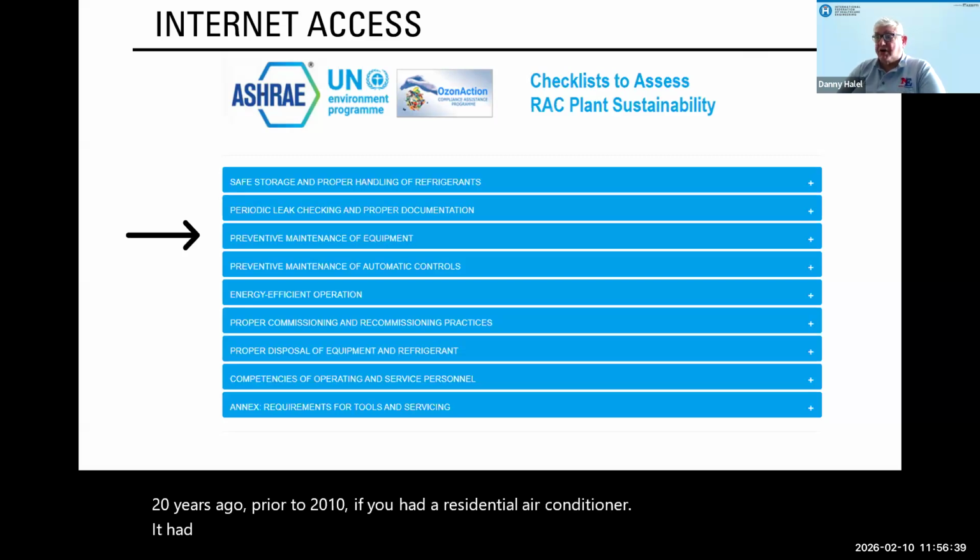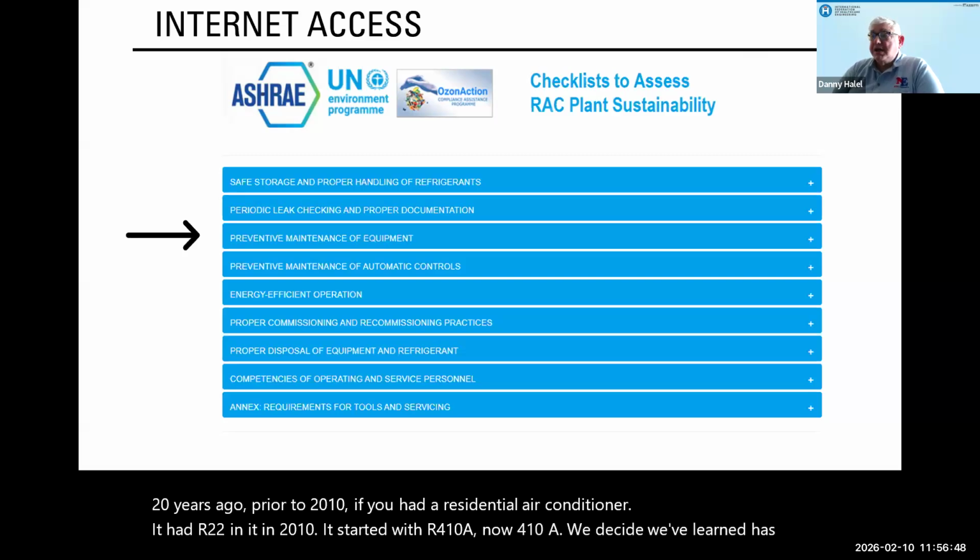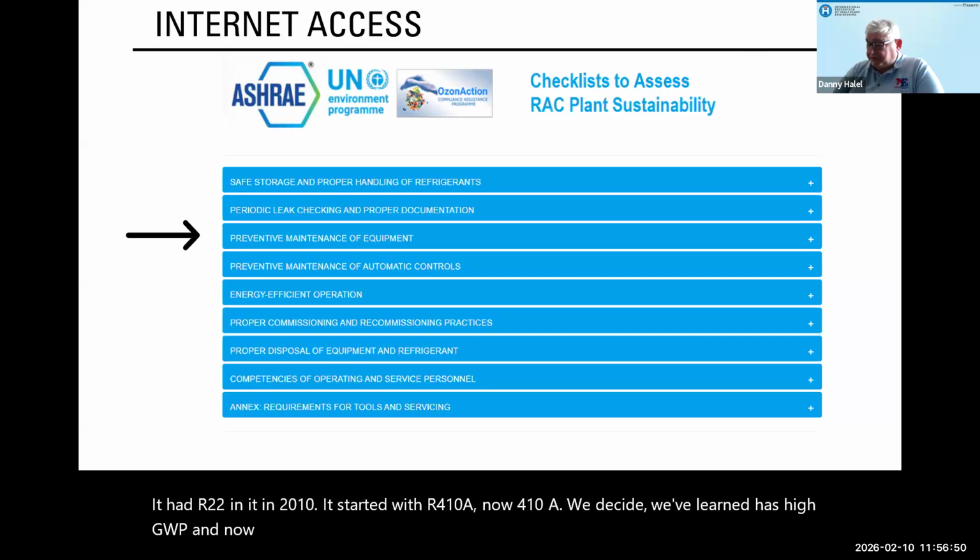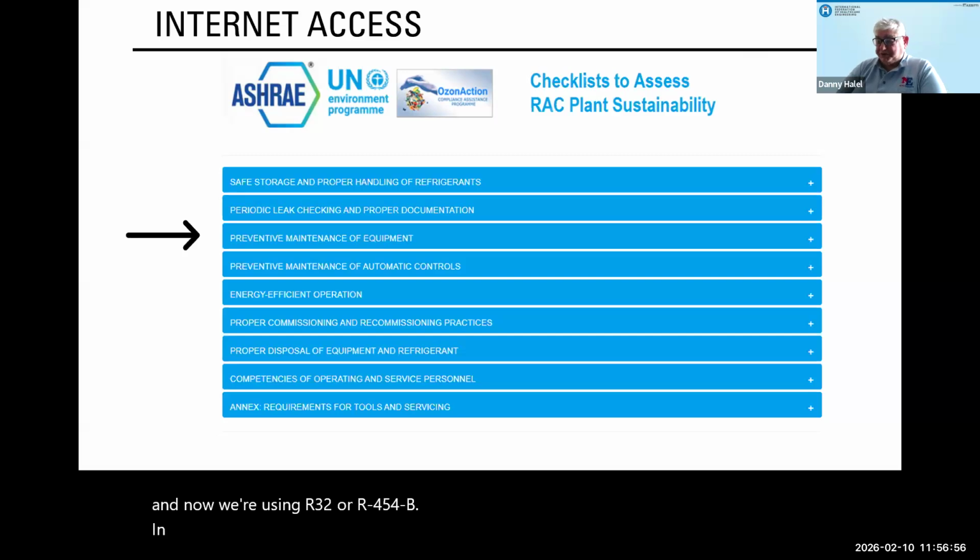In 2010, it started with R410A. Now, 410A, we've learned, has high GWP, and now we're using R32 or R454B. In the world of commercial refrigeration, there's about 7 different refrigerants that could possibly be in your system.